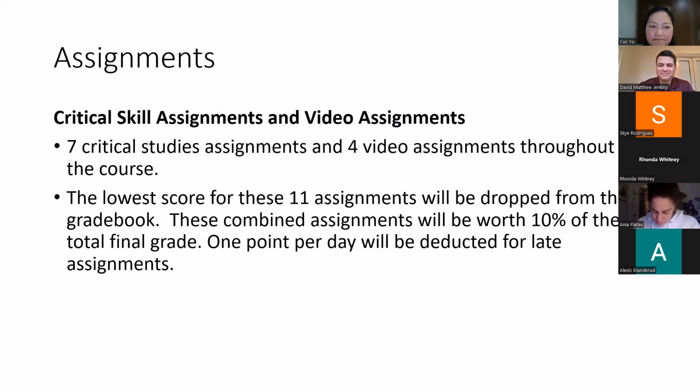Okay. All right, so in terms of the work that you need to do for this course, we have divided it into 3 main buckets. You have the assignments, which include critical skill assignments and video assignments. This is one of the changes that we've made to this course since the last term.